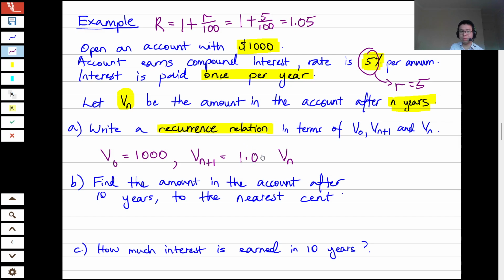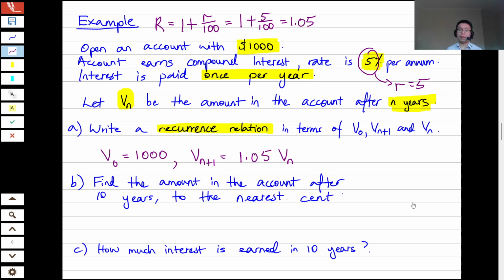So here's our recurrence relation: V0 equals 1000, Vn plus 1 equals 1.05 times Vn. And that's actually the hard work. Once we have this, parts B and C become very simple, provided you've understood the work leading up to this lesson.